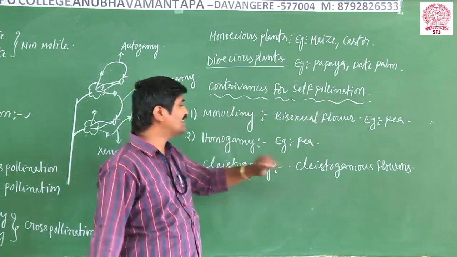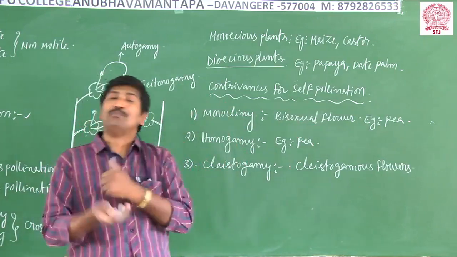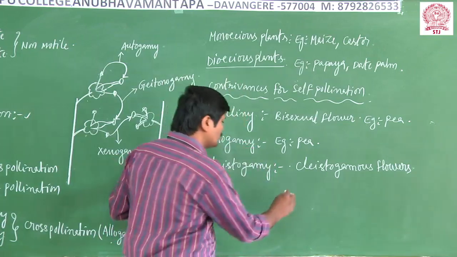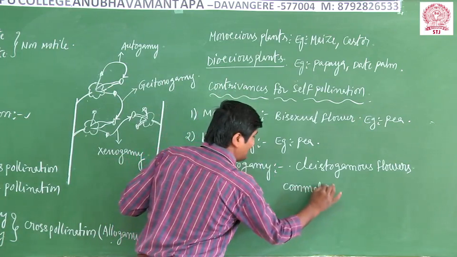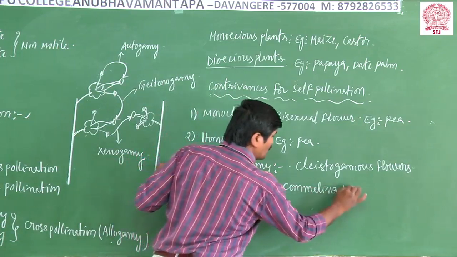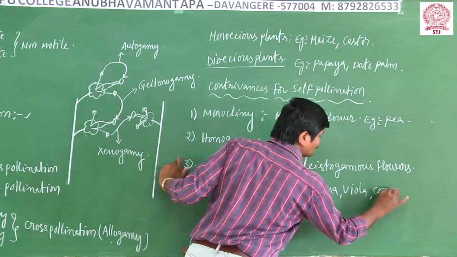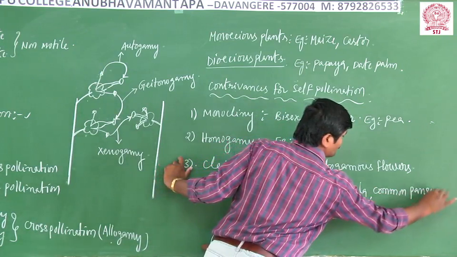You take some plants. In some plants like Commelina, Viola, which is commonly called pansy.